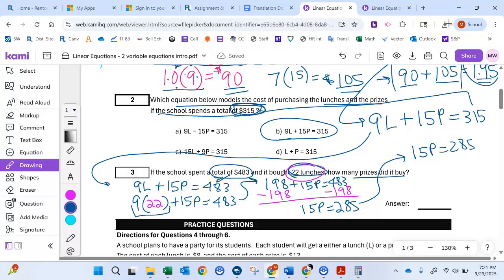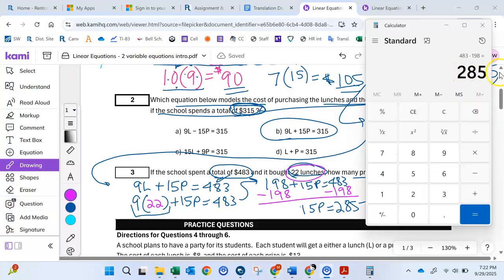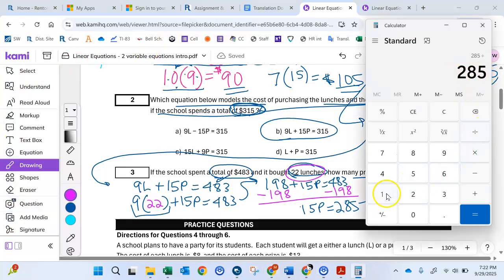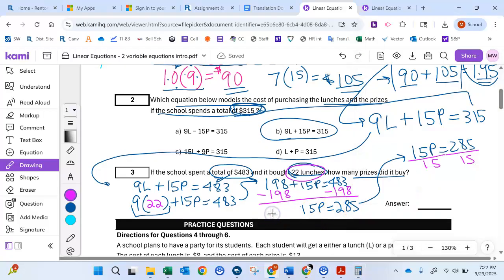And remember, the last part is I need to get rid of the coefficient 15. So I'm going to go divided by 15, divided by 15. Use my calculator. I already still have 285, so divided by 15 equals 19. All right, so that means that P is equal to 19 for the answer, okay?